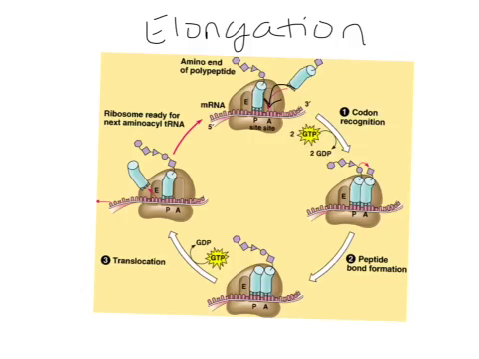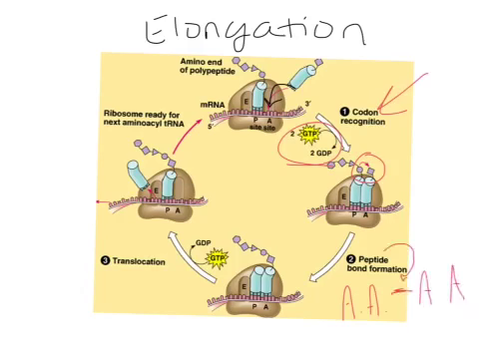So the codon recognition will occur, and that's going to require an input of energy. So there's an input of energy in this elongation process. Now that you have a tRNA at both the A and the P site, the peptide bond is formed. Remember, the peptide bond is formed between the amino acids. So that's my peptide bond between the two amino acids.